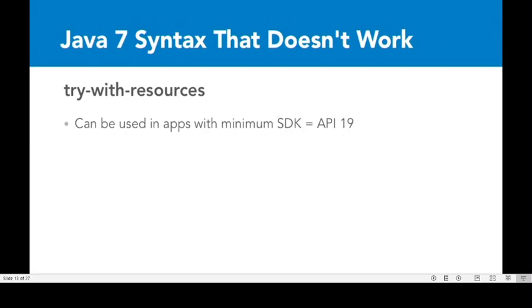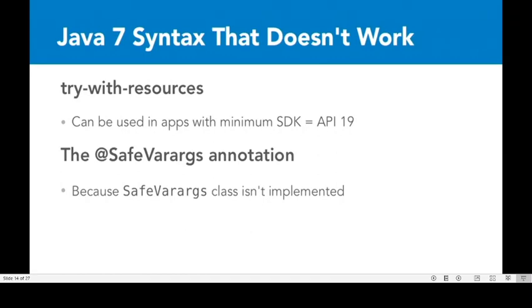To access an interface's methods, the interface must be implemented by another class with the implements keyword. It is only supported in Android starting 4.4 or API 19. Android also supports the SafeVarargs annotation, because the SafeVarargs class isn't implemented in Java 7.